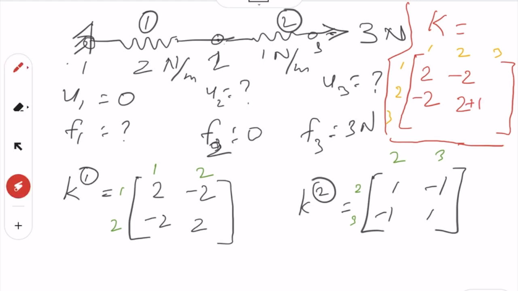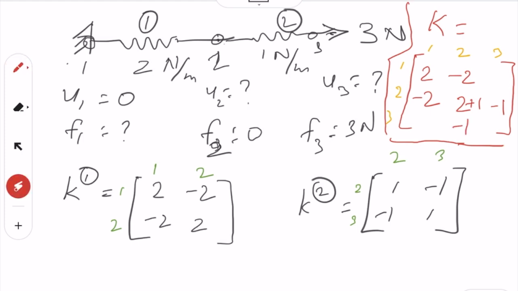Now K2,3 is minus 1, so minus 1 here. K3,2 is minus 1, so we write minus 1 here.